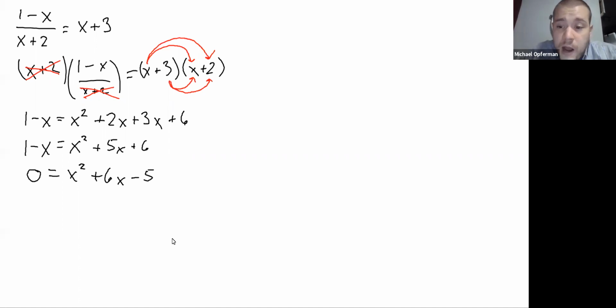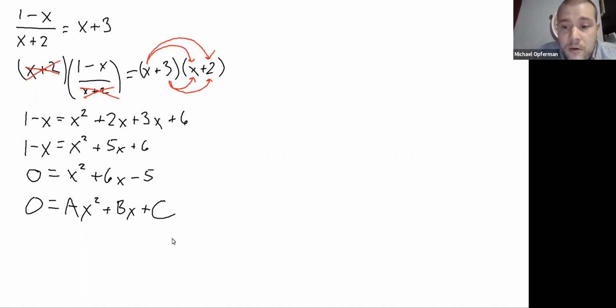Now, once you've got the equation written in that manner, the way most people state the quadratic formula, you want your equation to look like the form ax squared plus bx plus c, which you can see I did already. So a represents the coefficient in front of the x squared term, which in our case is just 1 because there's nothing there.